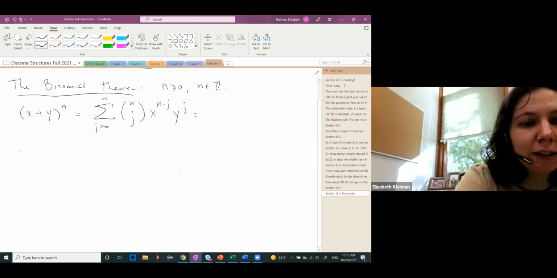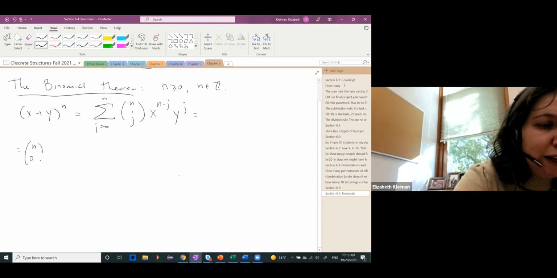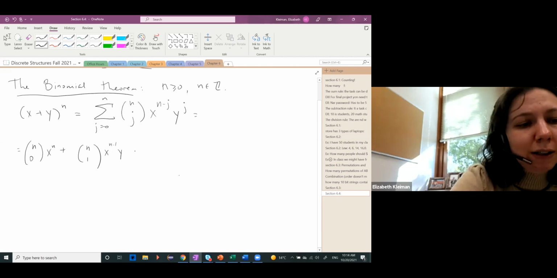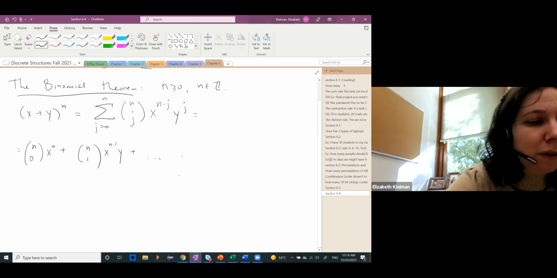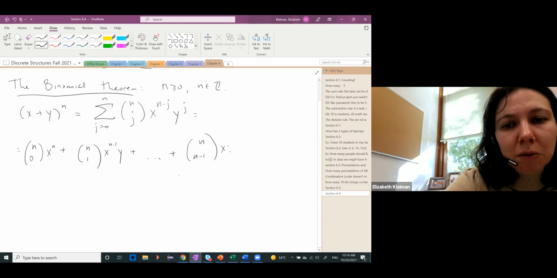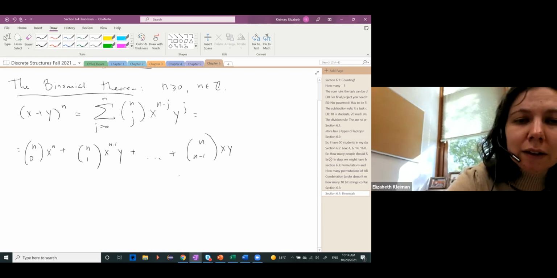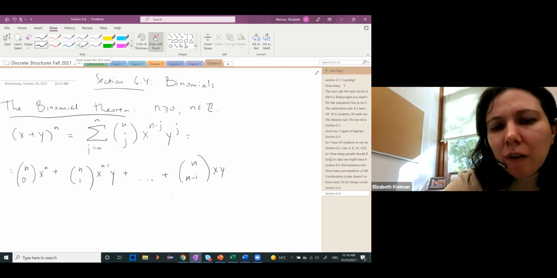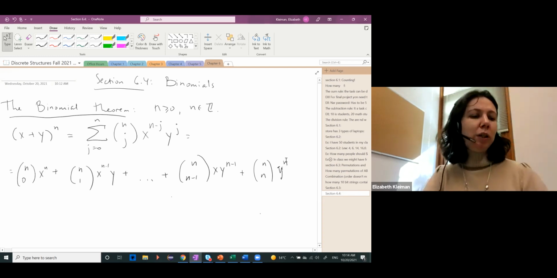So this is literally saying it's n choose 0 x to the power n, plus n choose 1 x to the power n minus 1 y, plus, keep on going, n choose n minus 1 x y to the power n minus 1, plus n choose n y to the power n. So this is what it gives us.